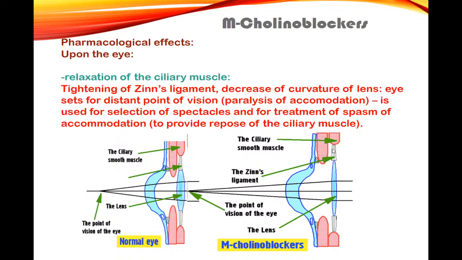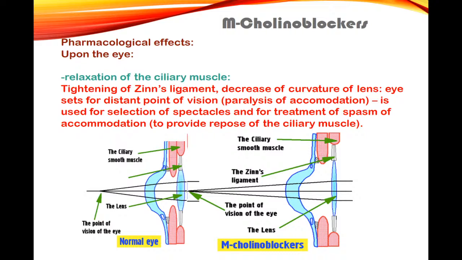For what can we use this? We can use it for selection of spectacles. It's first. And for treatment of spasm of accommodation, specific condition, to provide repose of the ciliary muscle. So we can use M-cholinoblockers once again for dilation of pupils.